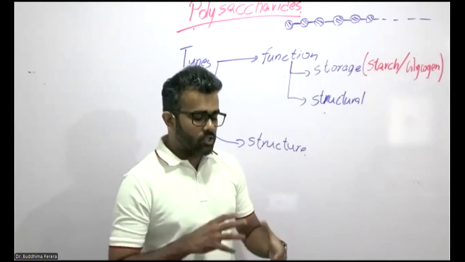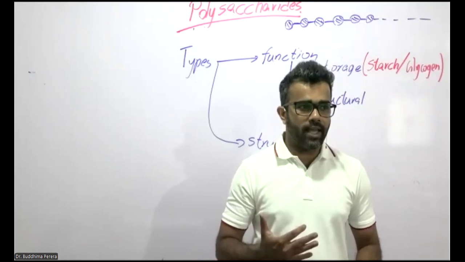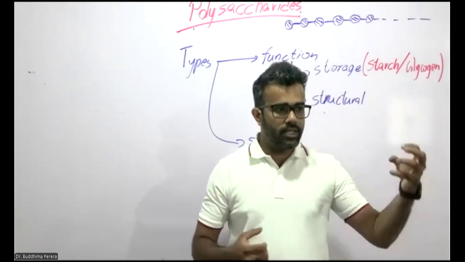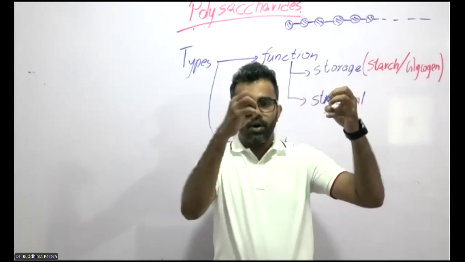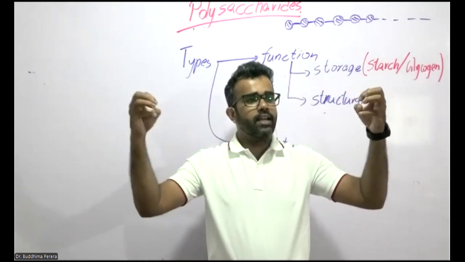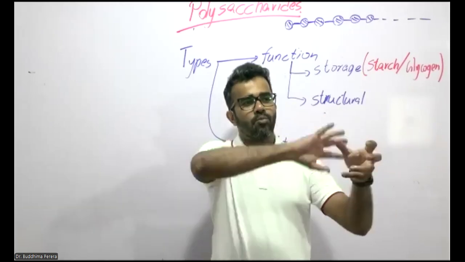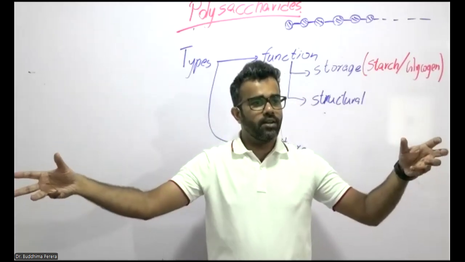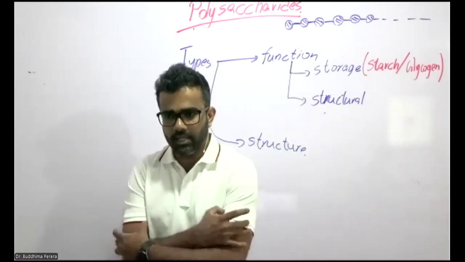As what is it stored in us? It is stored as glycogen. From glucose they form a polymer called glycogen. From monosaccharides they form a polysaccharide called glycogen and store it in our liver and muscles.